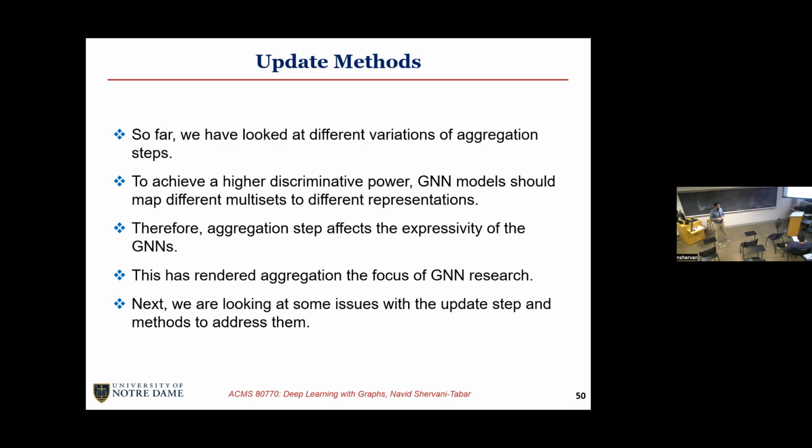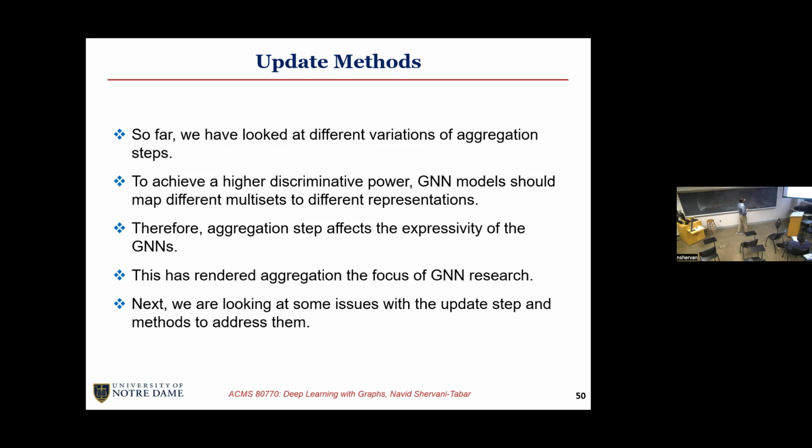But this is a problem that is still not solved: how to define a function that gives two different representations for any two graphs that are not similar. Whatever we have so far has some issues.